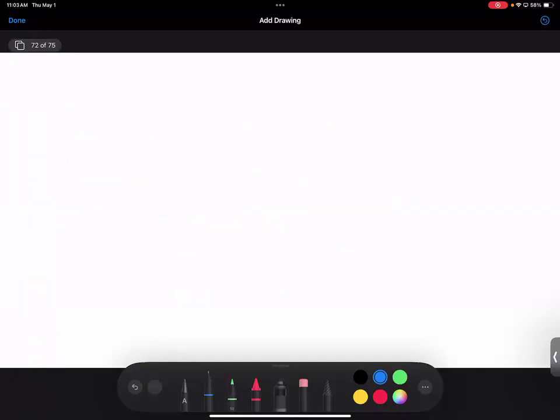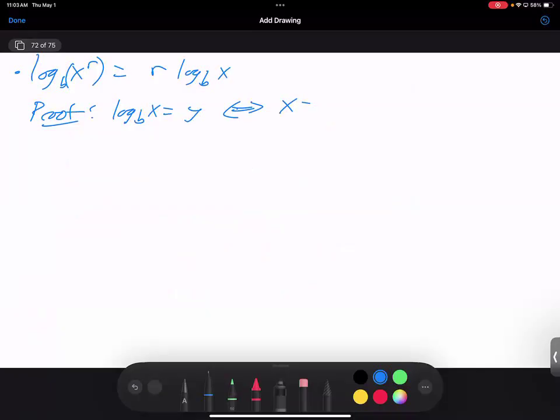Next one to prove is the log of x to the r base b is r log base b of x. And the proof again, if the log base b of x equals y, that means x is equal to b to the y. So what would x to the r be?